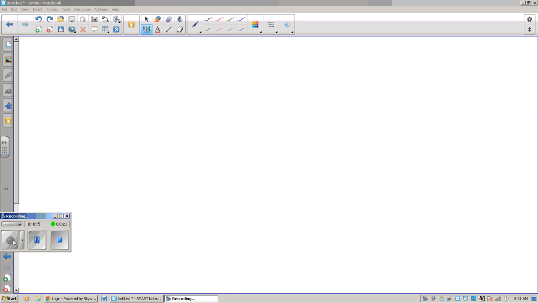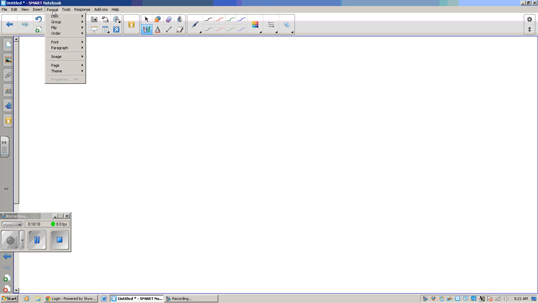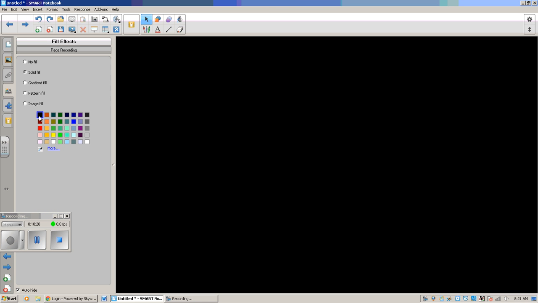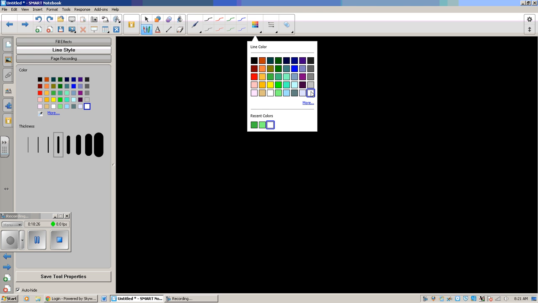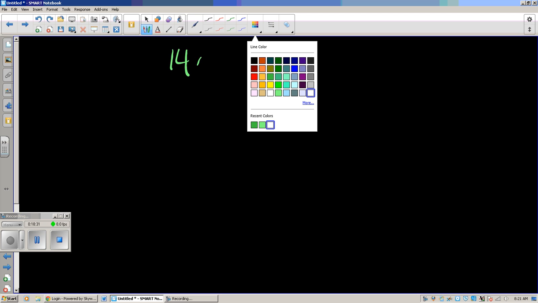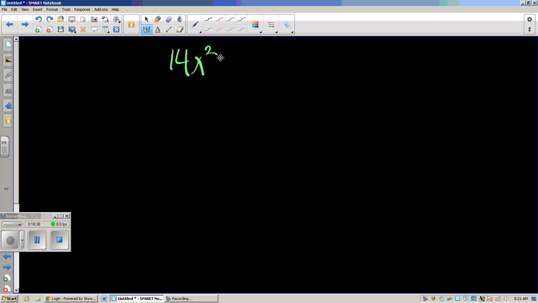Okay, number 16. 14x squared equals negative 7x. Okay, so I've got an equal sign, so what's that tell me? You have to add 7x to both sides. Okay, so I add 7x to both sides.